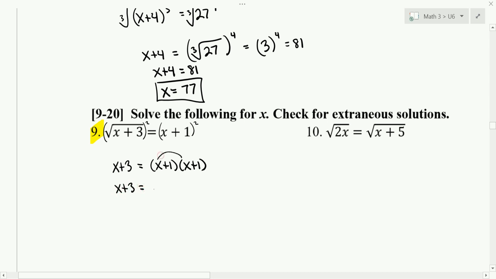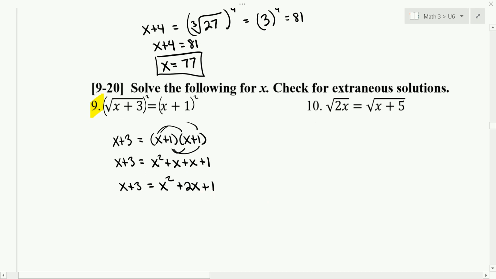Distribute, so x times x, x times 1, 1 times x, 1 times 1. And then we're going to add our two x's, so x plus 3 is equal to x squared plus 2x plus 1.